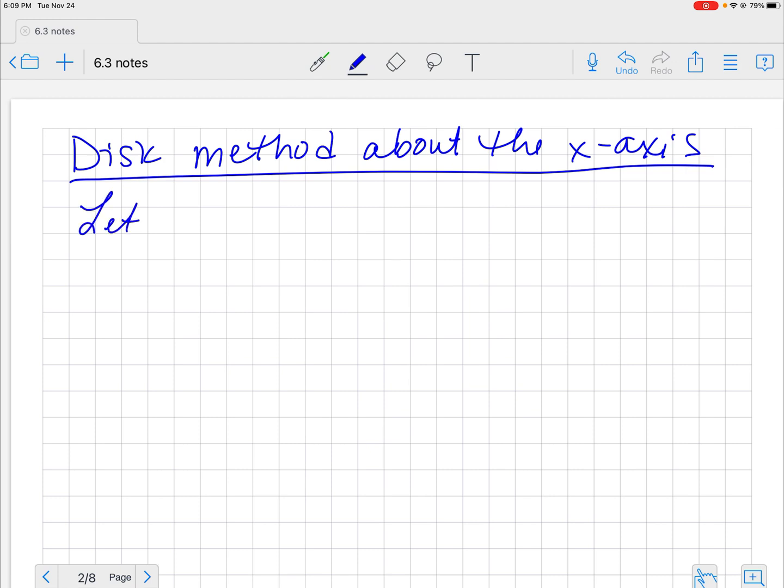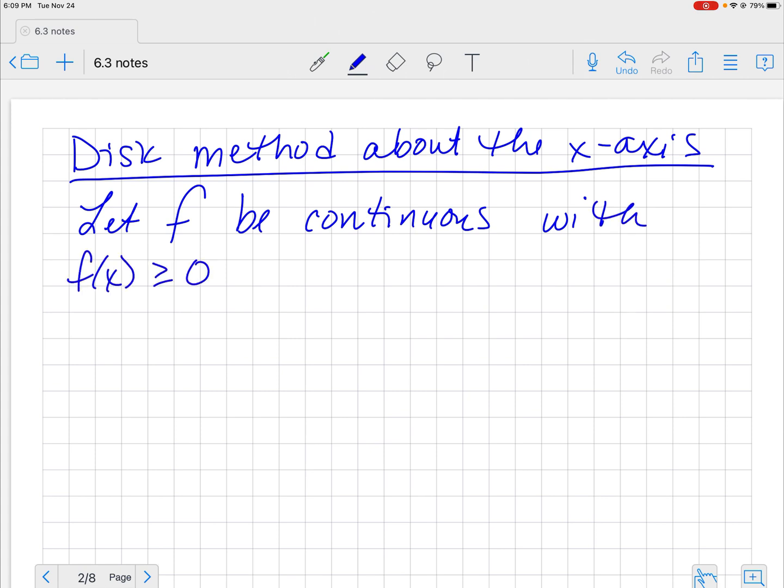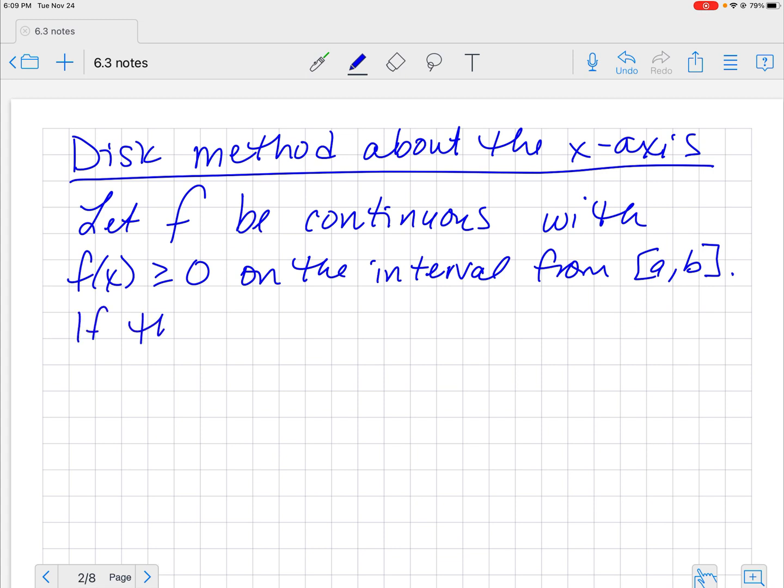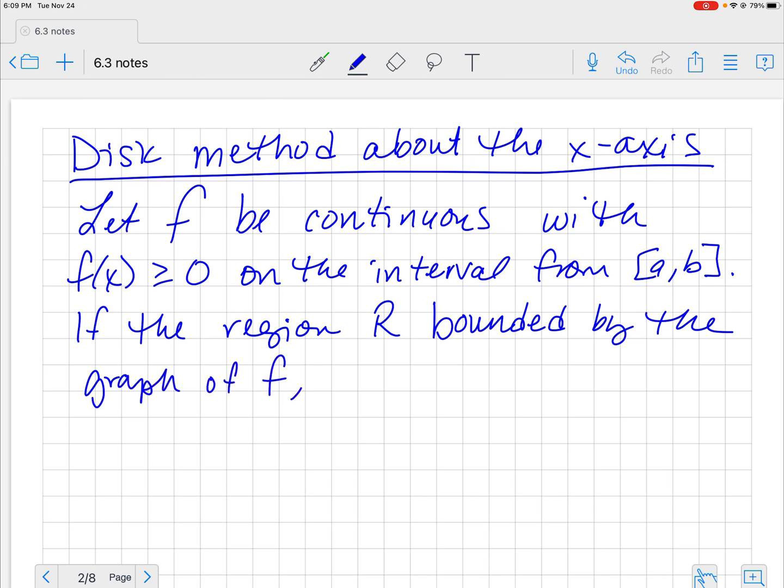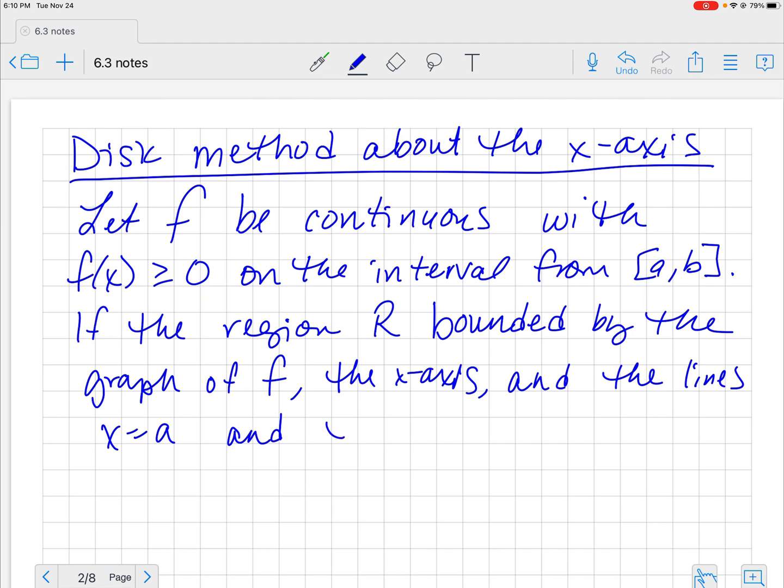We are going to let f be continuous with f of x greater than or equal to 0 on the interval from A to B. Okay, if the region R, we're going to denote it as R, bounded by the graph of f, the x-axis, and the lines x equals A and x equals B is revolved around the x-axis.